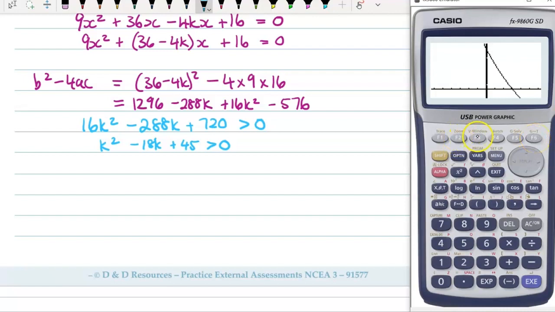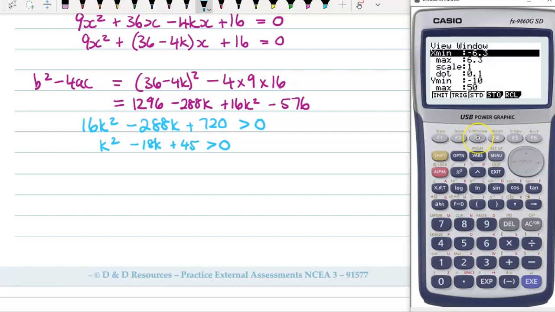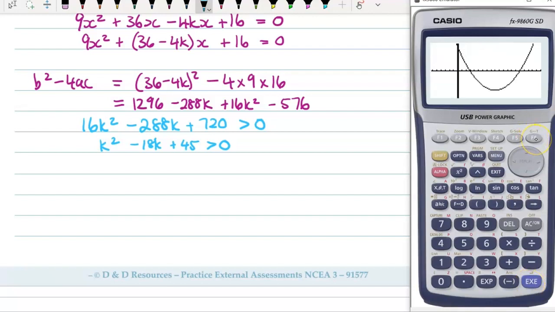It didn't quite work. Let me just do a bit more adjusting. Try that one.